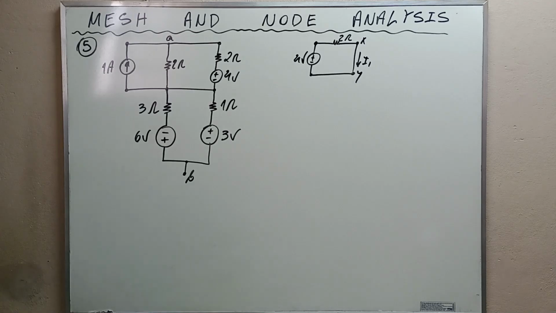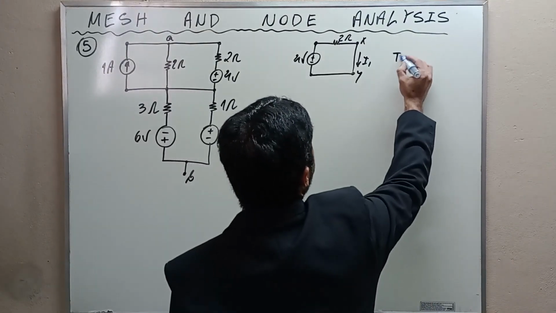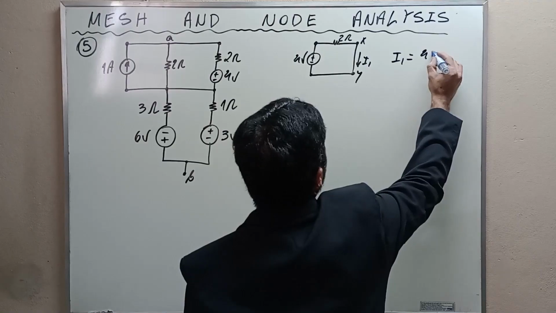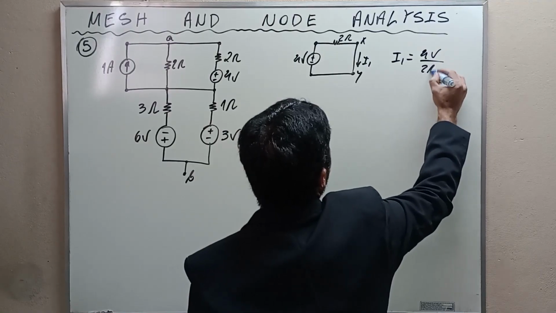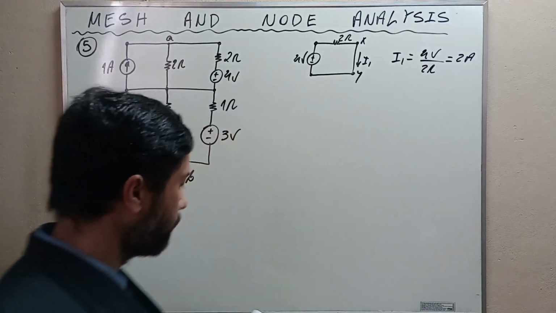what is the value of I1? The value of I1 is simply the division between 4 volts and 2 ohms, and this is equal to 2 amps, okay?